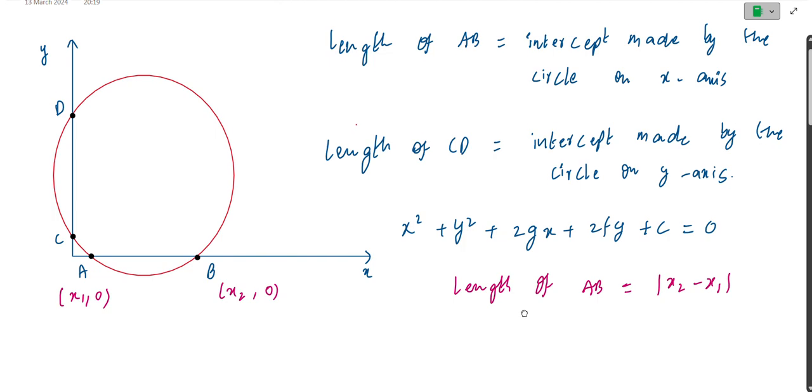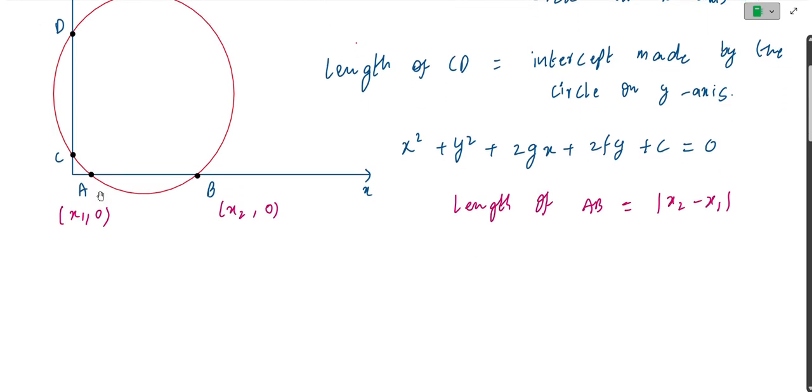Now for the point A or point B, the y coordinate is 0. So I am going to substitute the y value 0 in this circle equation. Let me name this equation as equation 1. Put y is equal to 0 in equation 1.